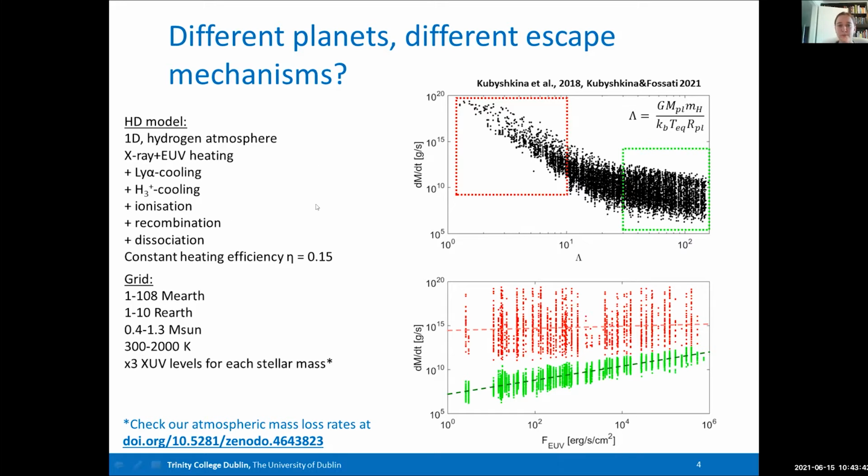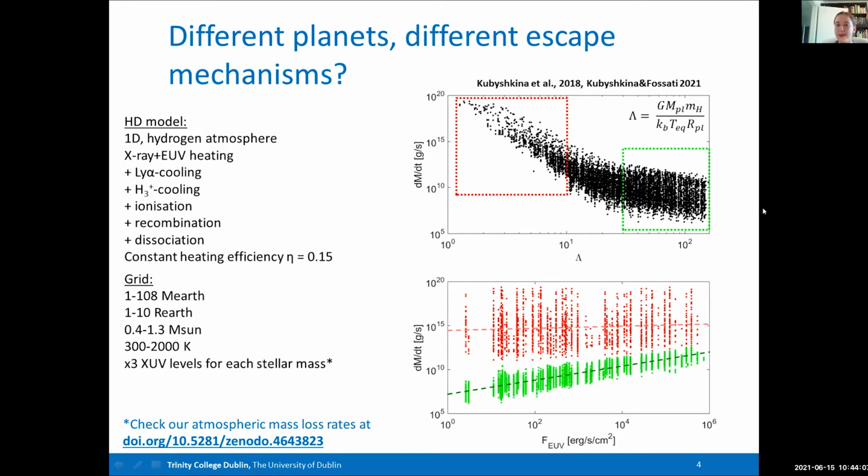This model was applied to a wide grid of planets with masses roughly between Earth and Saturn, orbiting different stars in the mass range between 0.4 and 1.3 solar masses, at close-in orbits out to the habitable zone and under different levels of stellar irradiation.